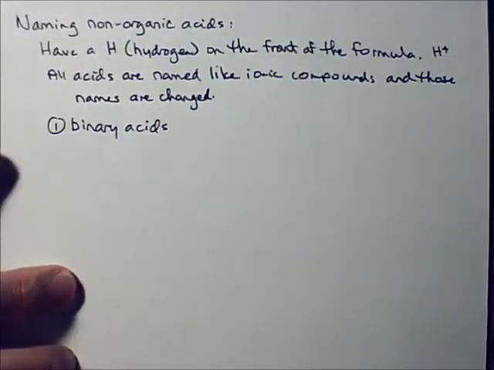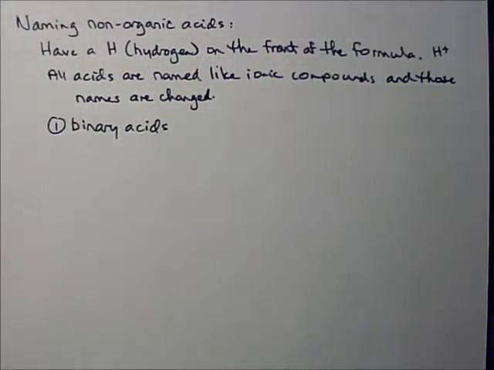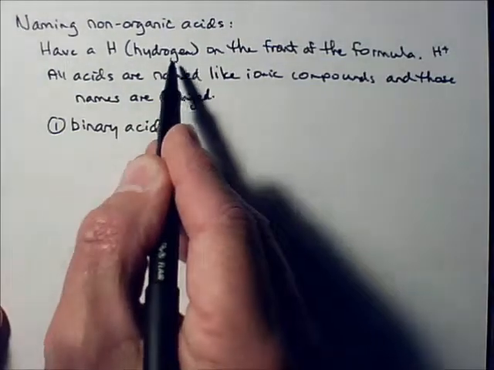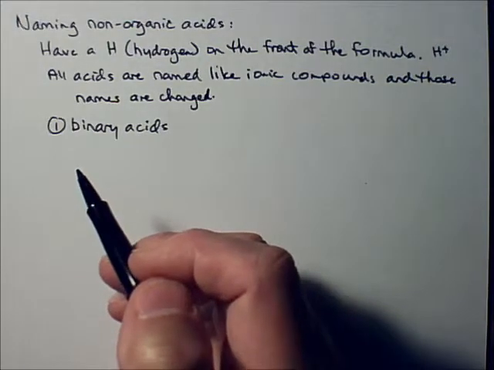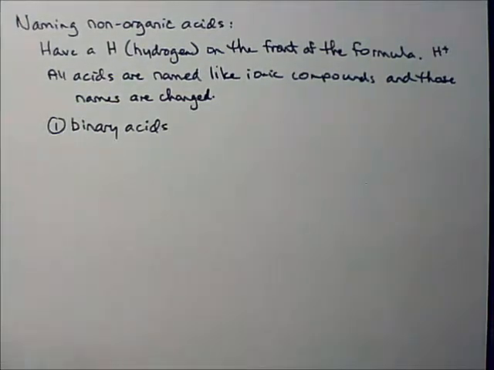I've already defined binary for you, but just to remind you, binary means that this compound is made of only two elements. It doesn't mean there are only two atoms, it means there are only two elements. Well, we already know one of the elements. So an acid that's binary has to have hydrogen and only one other element. Does that make sense?